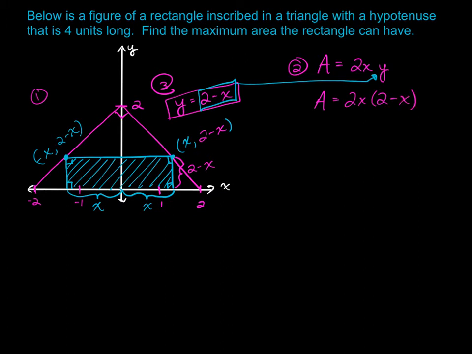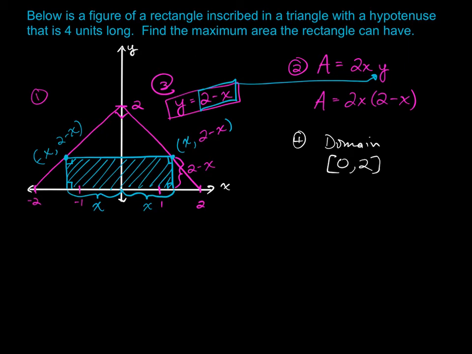The next step is to find the domain. So what is x allowed to be? Since we're basing x on this point over here, only this point, we know that x could start at 0 and go all the way over to 2. So my domain here for x would be 0 to 2.